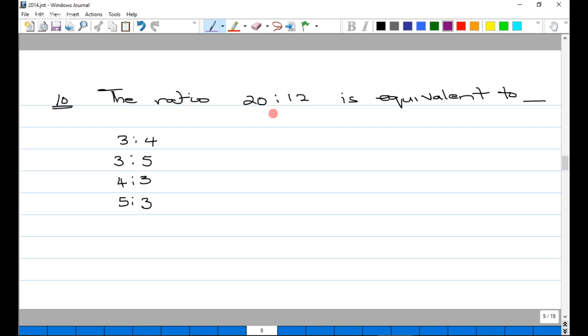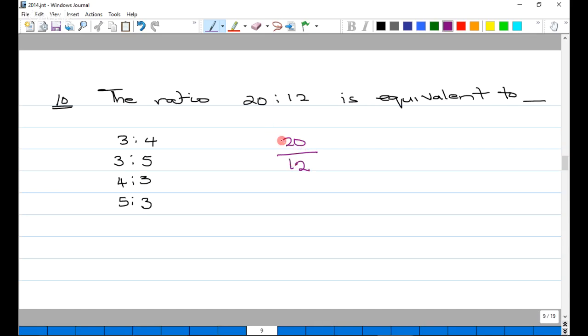Number 10, we have a ratio question here. The ratio 20/12 is equivalent to... easily we could change our ratio to a fraction by using the first term as the numerator and the second term as the denominator. Reduce as best as possible.